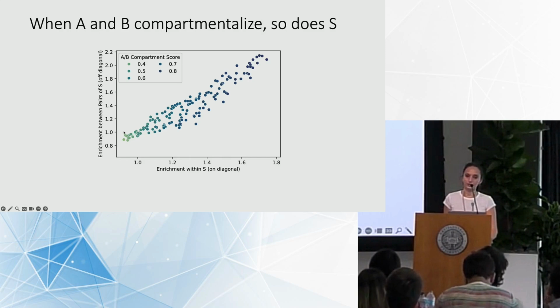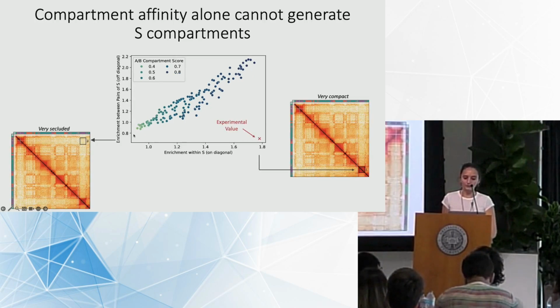As you can see, as one value goes up, so does the other. When we compare this to the experimental value, we can see that S is very compact and very secluded, and really does not travel along this axis that we predict for the compartment profile of S.